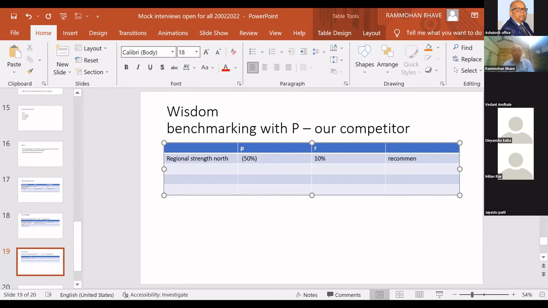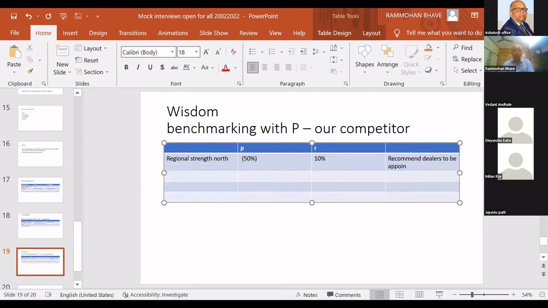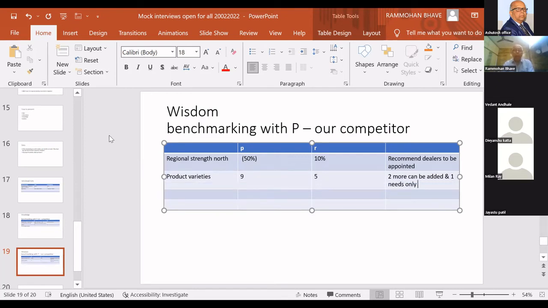Recommend dealers to be appointed, which are, then next is product varieties. 9 and 5. 2 more can be added, and one needs only renaming, while 4 are common.